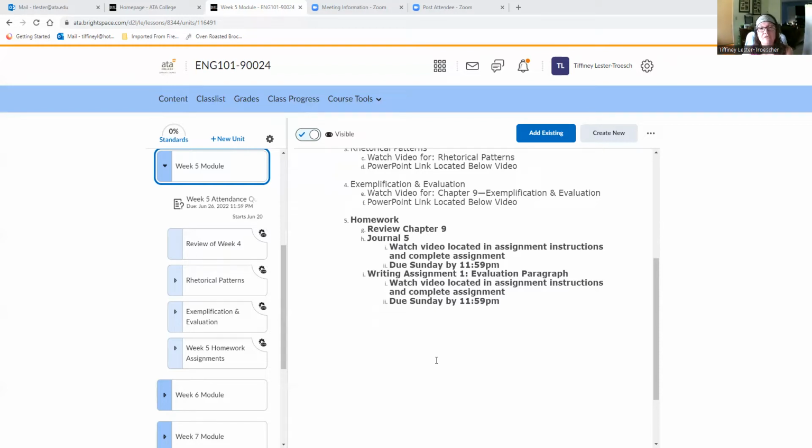But it is essential that you write a well-developed paragraph that covers the 4 bases of writing that we've learned about so far, and that it adheres to the requirements for the specific type of paragraph you're being asked to write. This week, it's an evaluation paragraph, which is why that second lesson this week on exemplification and evaluation is so important.